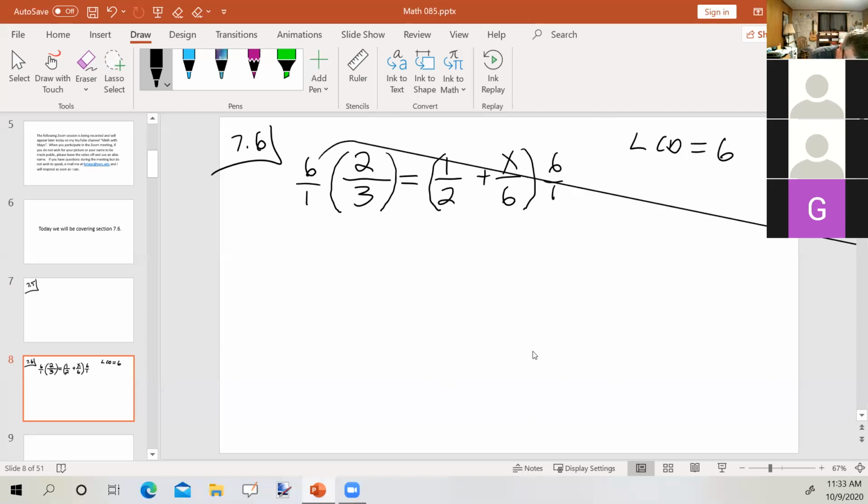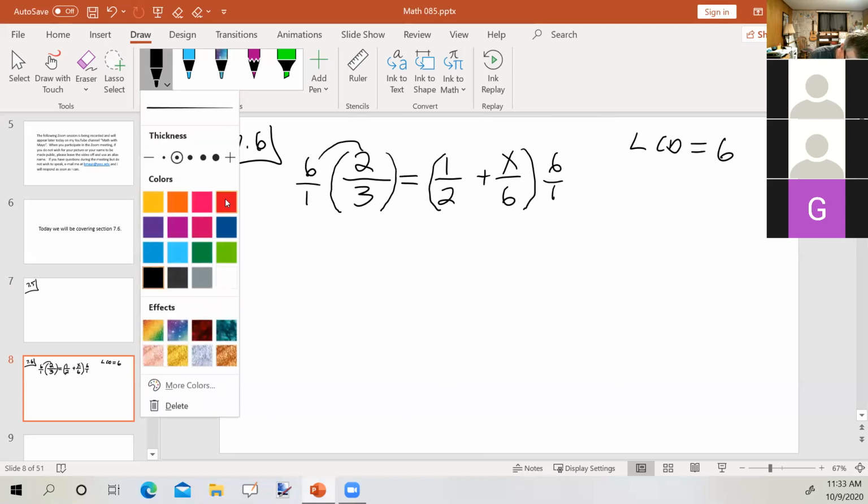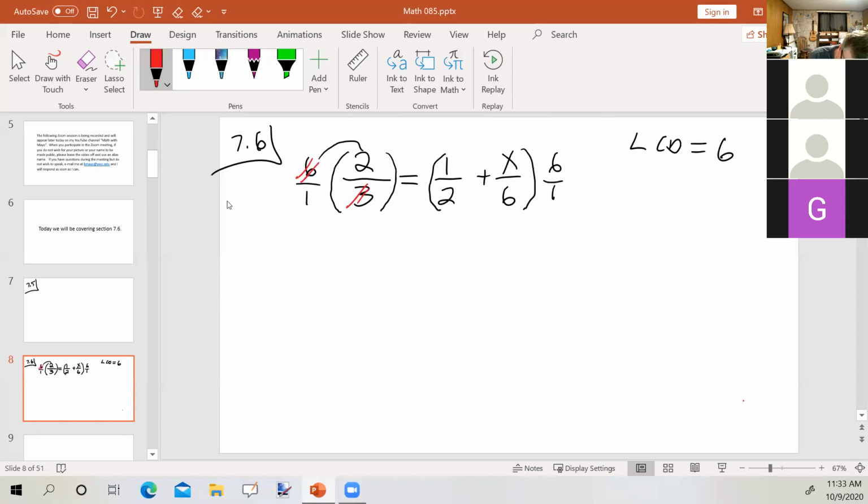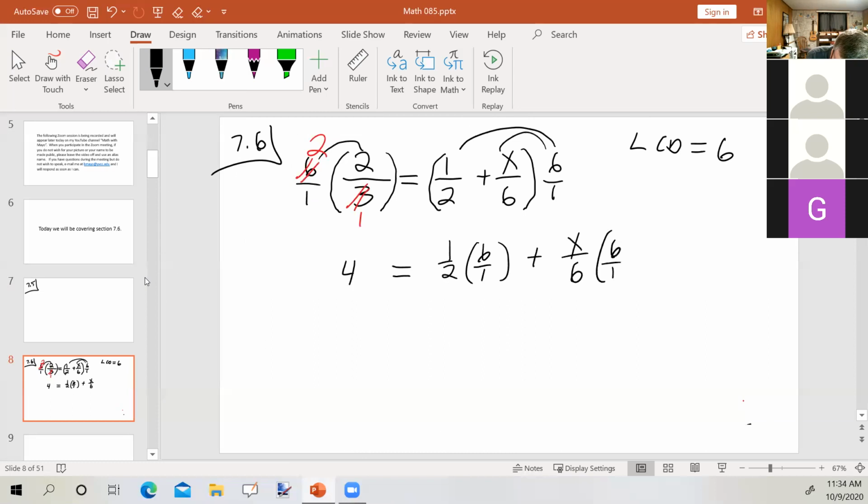On the left side, 6 times 2/3, the 6 and the 3 could reduce to 2/1, okay, which gives me 4. All right, any questions there? No. On the right side, I get 1/2 times 6/1 plus x over 6 times 6/1.